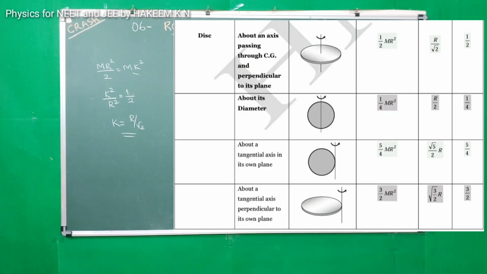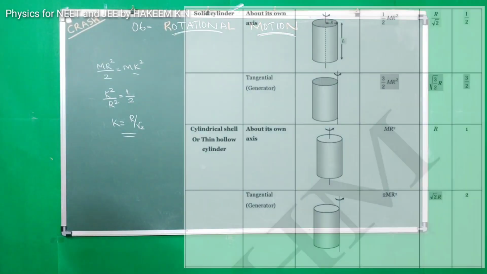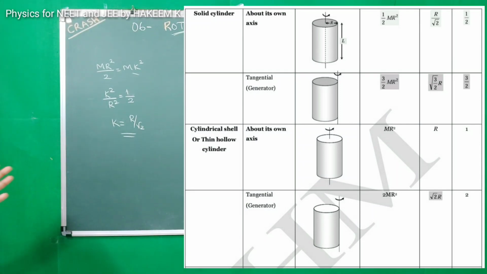Using perpendicular axis theorem, we can find moment of inertia about an axis through a diameter, which is given there as Mr square by 4. For a solid cylinder, its moment of inertia is Mr square by 2, same as that of a disk. About a tangential axis, the moment of inertia is 3 by 2 Mr square.